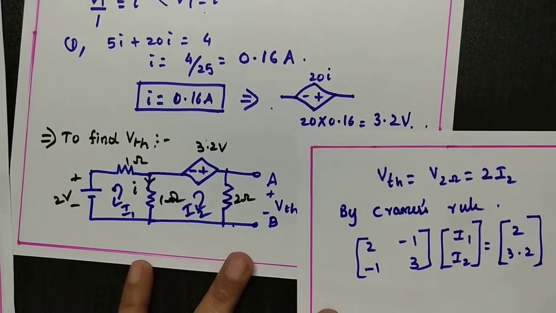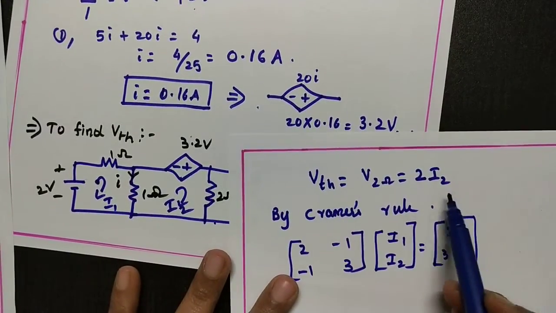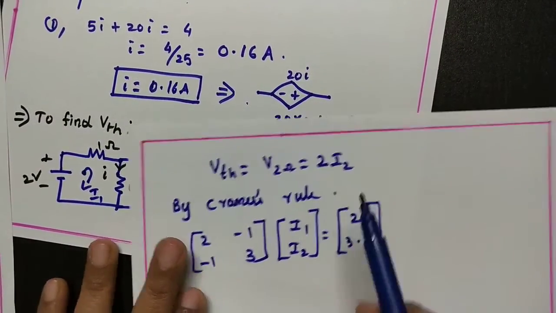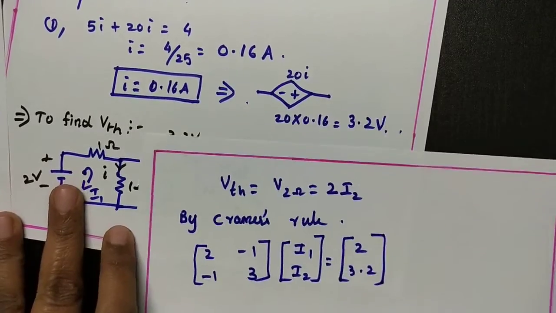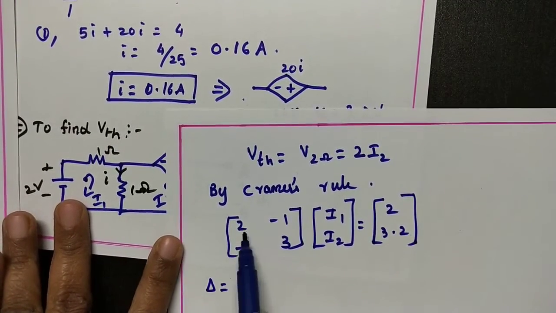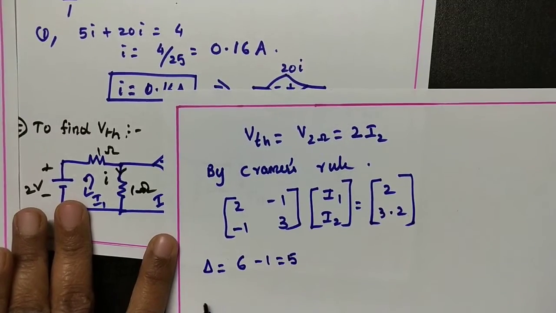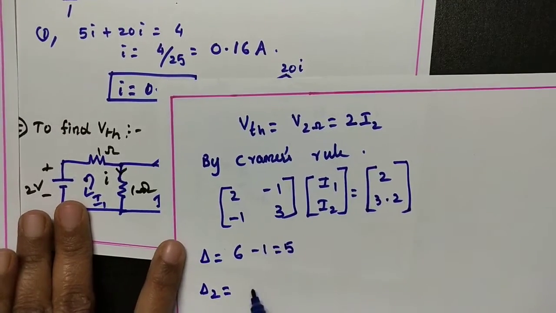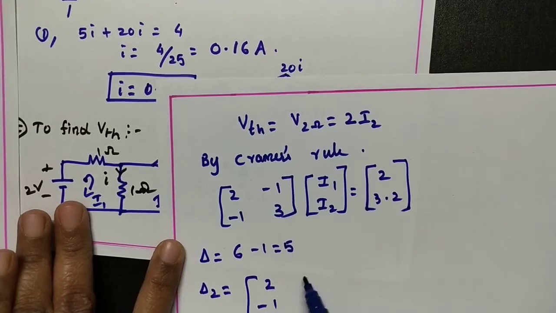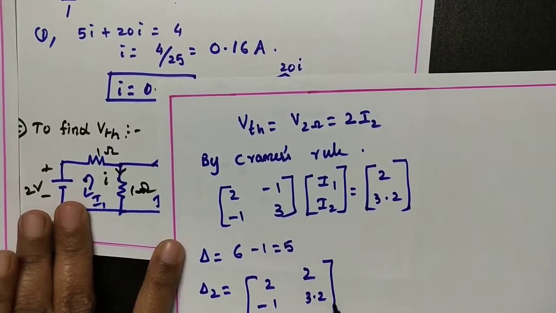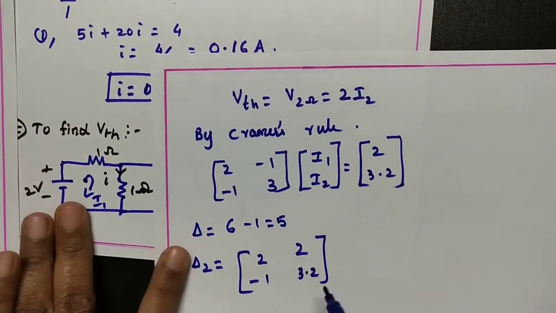What do we have to find to get the Thevenin's voltage? We have to find the current I2. So we will find delta and delta 2. So delta equal to 2 into 3, 6 minus 1, that is equal to 5. And delta 2 is 2 minus 1, 2, 3.2 here, replacing the column.